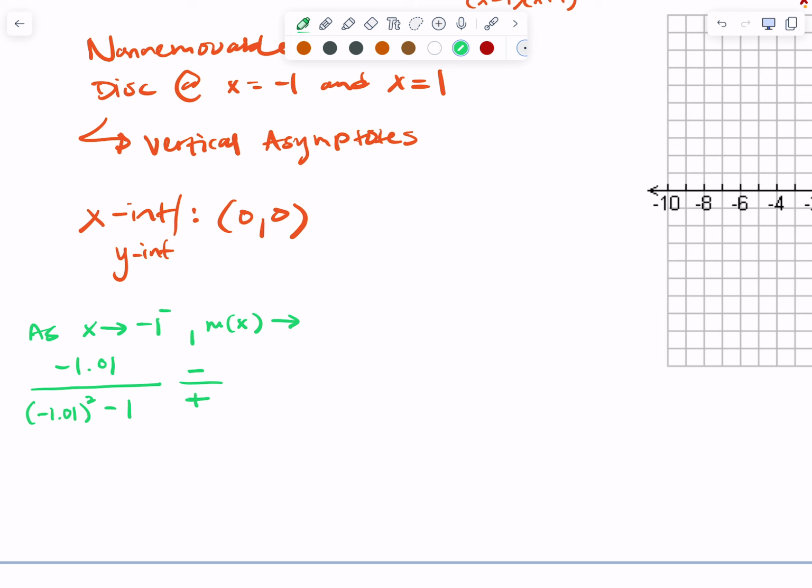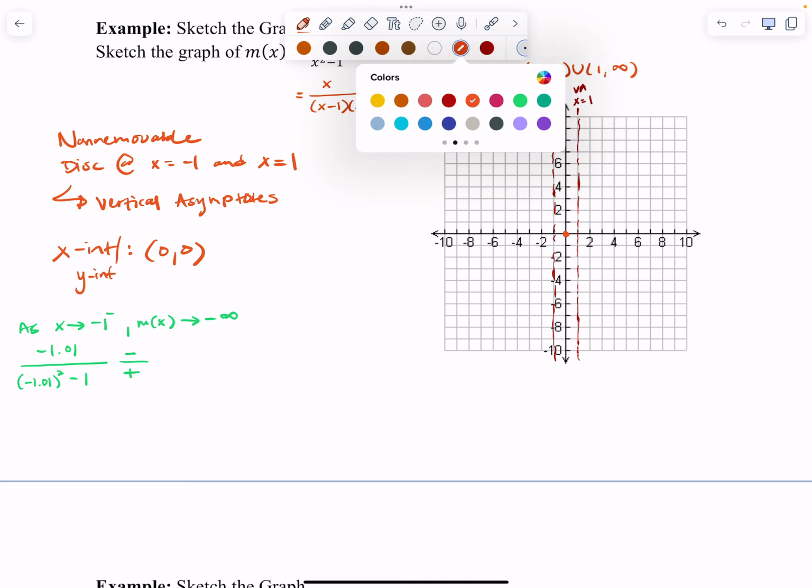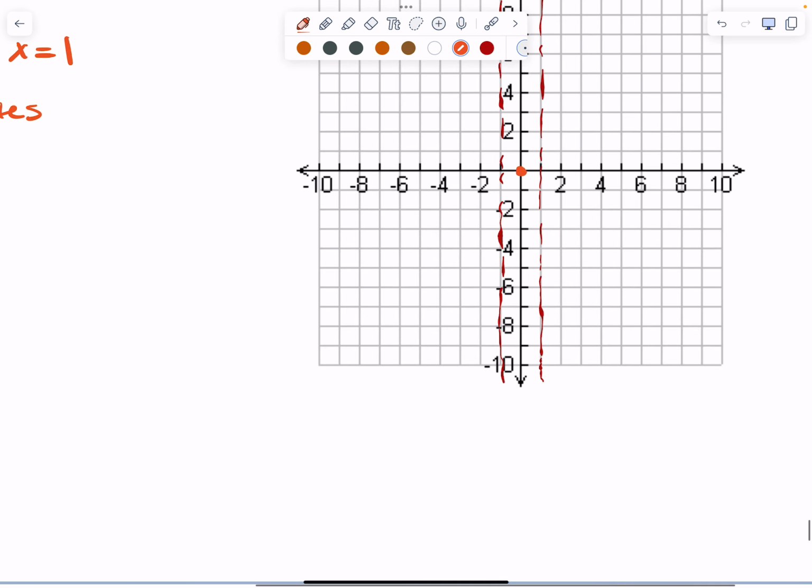A negative divided by a positive is a negative. So that means that m of x is approaching negative infinity as x approaches -1 from the left. So what that means is that the graph, I haven't determined end behavior asymptotes or anything, but I do know that the graph is going to be trending down to negative infinity as it approaches -1 from the left.